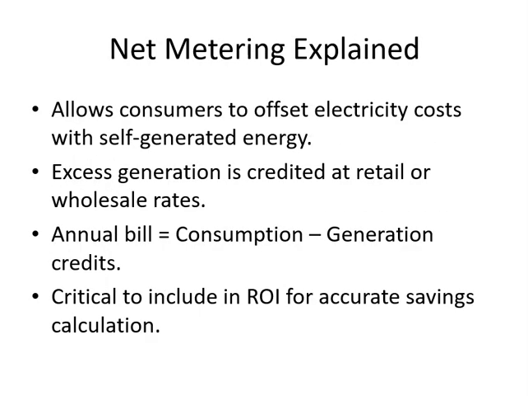Net metering lets you offset your power bills with your own generation. If you produce more than you consume, the extra goes to the grid and you get credited, sometimes at a retail rate, sometimes at a wholesale rate. It depends on your market or grid operator.